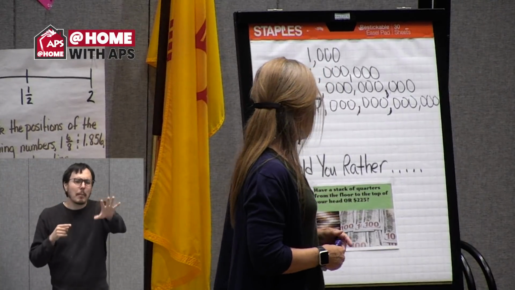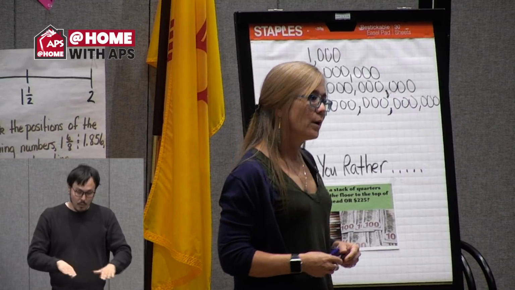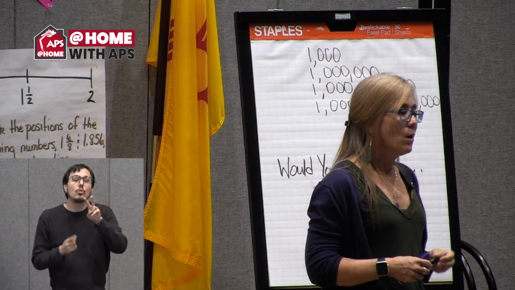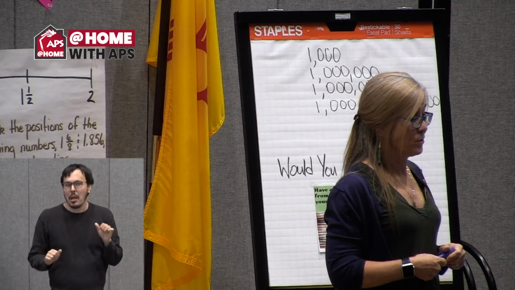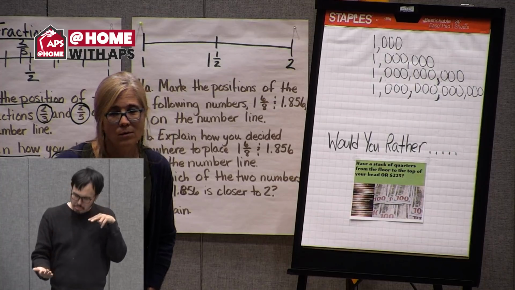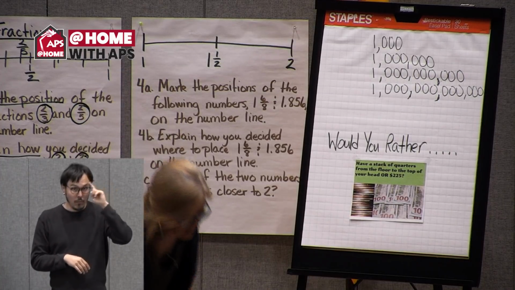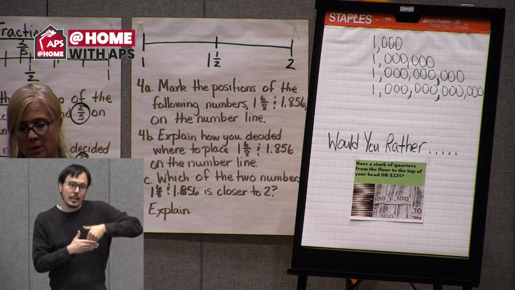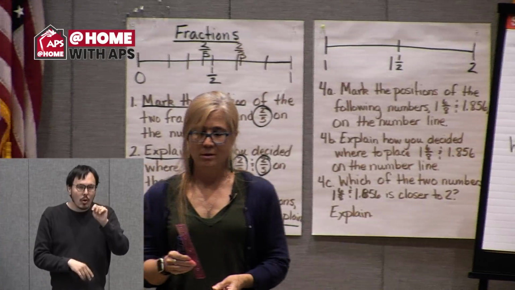Would you rather have a stack of quarters from the floor to the top of your head, or $225? Well, I thought right off the bat, maybe I would rather have $225. But then I started thinking about it. And so I got out 4 quarters, which I have in my pocket, and I put them up to a ruler, and I realized, well, 4 quarters was about 1/4 of an inch.